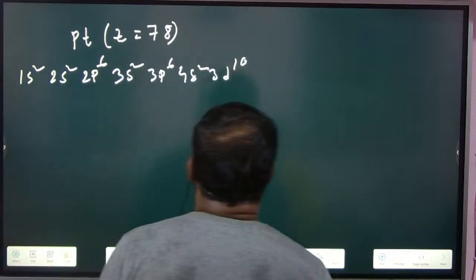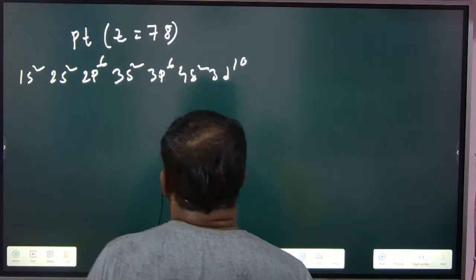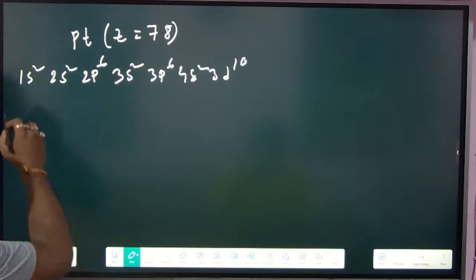Now after 3d, we have 4s done. We will have what?